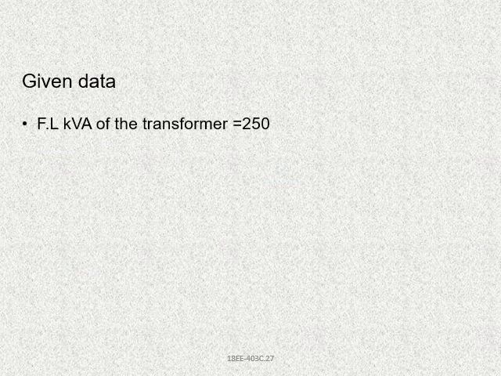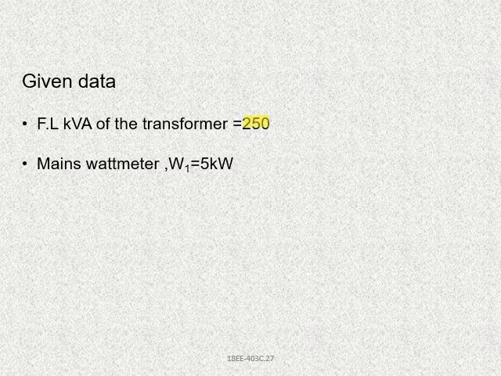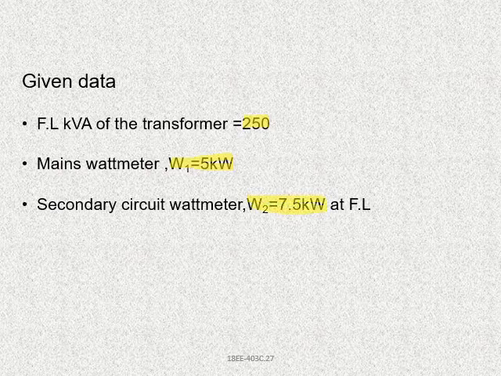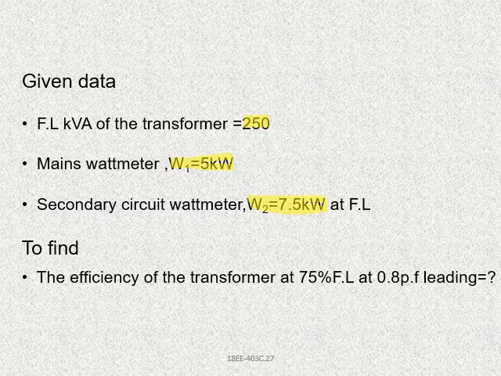The given data is: full load kVA of the transformer is 250 kVA, main wattmeter W1 is 5 kW, second wattmeter W2 is 7.5 kilowatts at full load. This is kVA. We need to convert this into kW at 75%. Directly multiply 0.75 into 250 into 0.8.